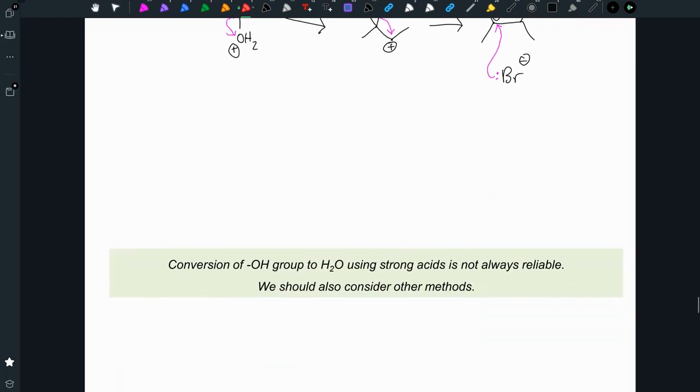But there are also other problems. And that comes with the fact that when you protonate an alcohol, as I said earlier, it's a reversible reaction. So yes, you do get some protonated alcohol, but it doesn't just sit in that state.